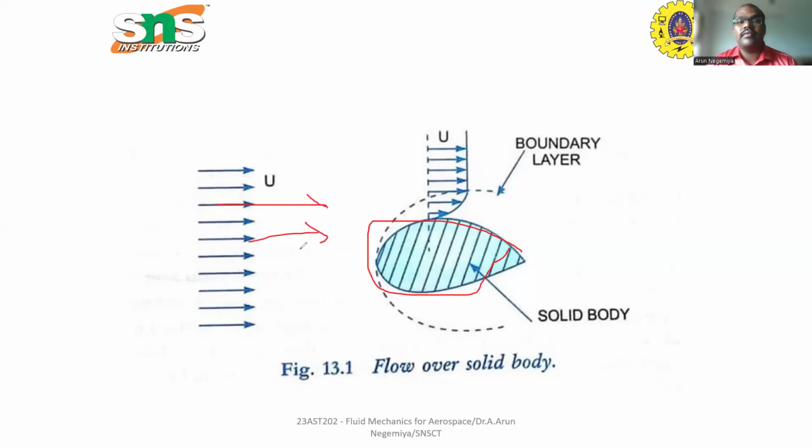The flow hits the solid boundary and moves in this direction, passing over the body only, not into the body. Here u is the velocity of the flow. This is the boundary layer formation.